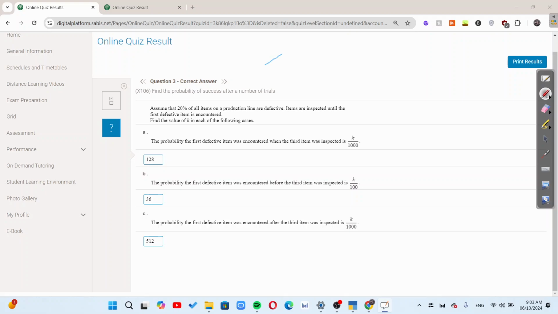So your chances in this factory is you either get a defective or not defective. This line means not. So the chances that you get defective is 20 over 100, because 20%. You could use the decimal points for it too, by the way, guys. And the chances you get non-defective is 80 over 100.